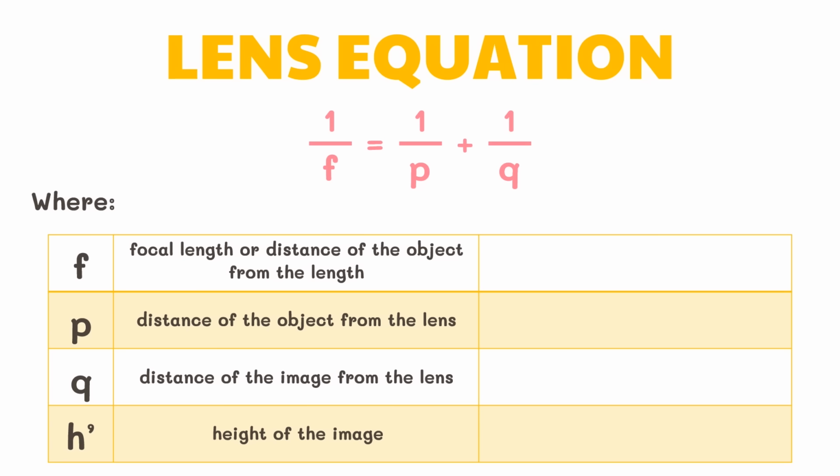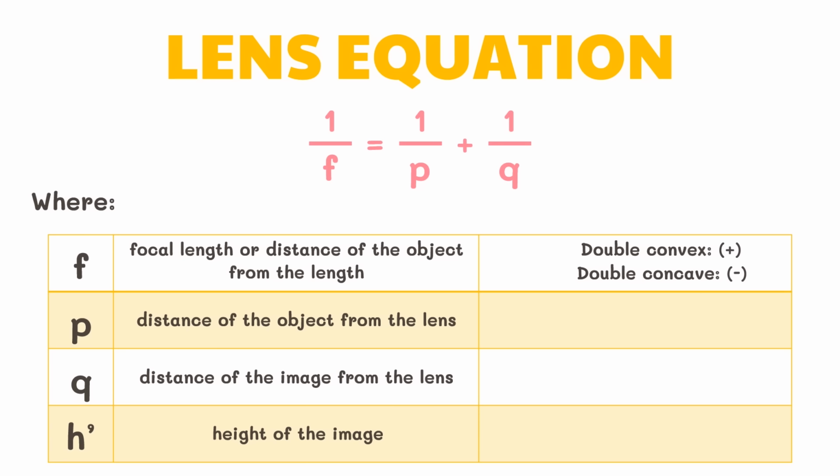When the lens equation is used in determining the characteristics of images formed by lenses, we will refer to this sign convention for lenses. Focal length is positive if the lens is double convex and negative if the lens is double concave. Notice that it is the opposite in mirrors.